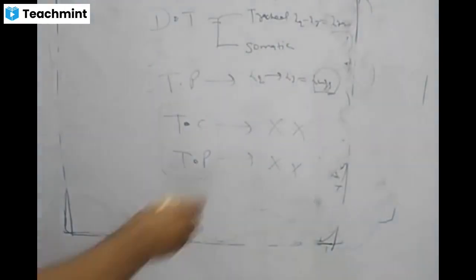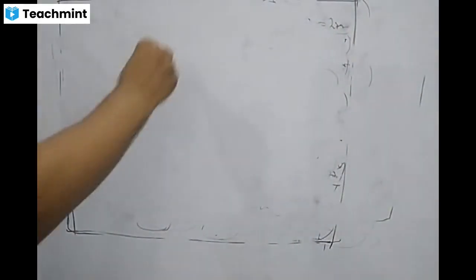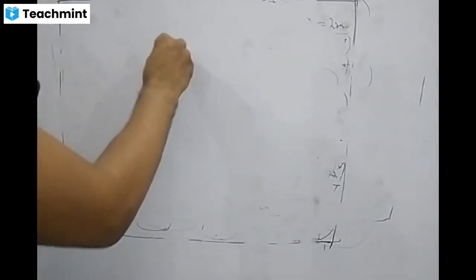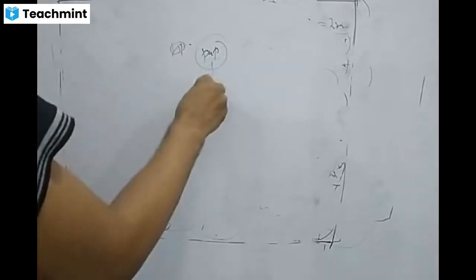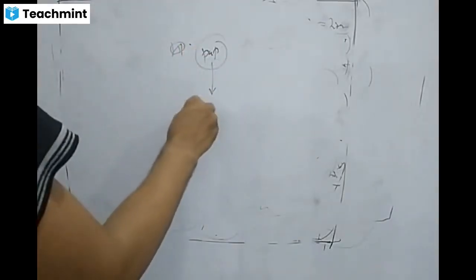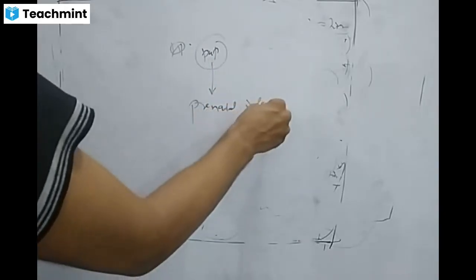So here is the migration and no migration. If you look at the pathogenesis, that 2019 MCQ, pups die with heavy mortality, that is because of prenatal infection.